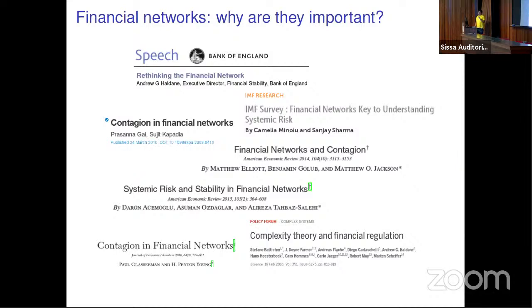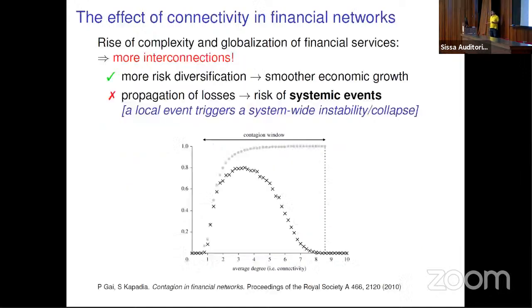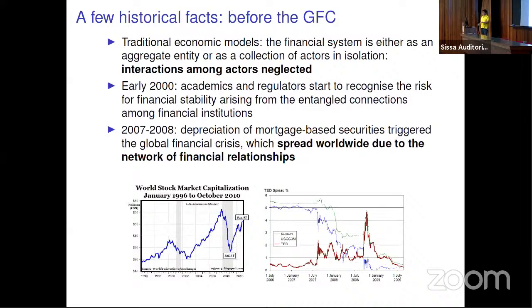Now, a few very brief historical facts on financial networks. The literature started around 2000. Before that, the traditional economic stream of literature recognized the financial system as a global entity in which the interactions were basically neglected.